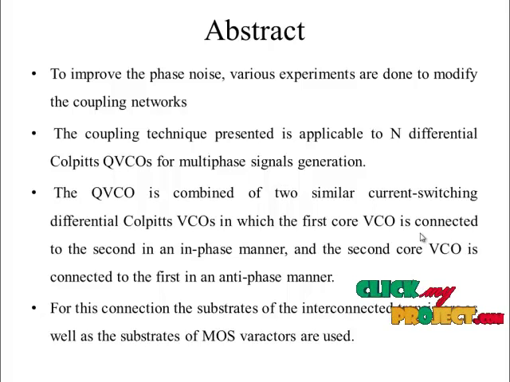The quadrature VCO combines two similar current switching differential Colpitts VCOs, in which the first core VCO is connected to the second in an in-phase manner, and the second VCO is connected to the first in an antiphase manner. For this connection, the substrates of the interconnected transistors as well as the substrates of MOS varactors are used here.